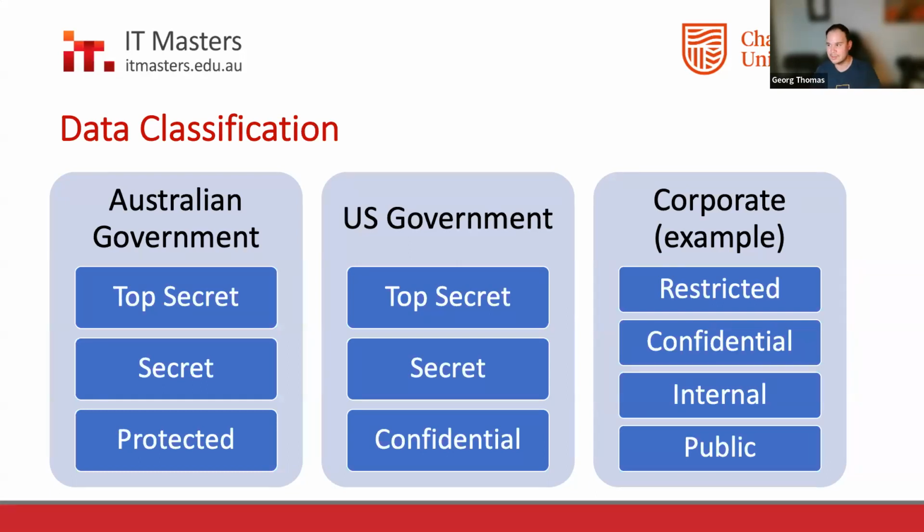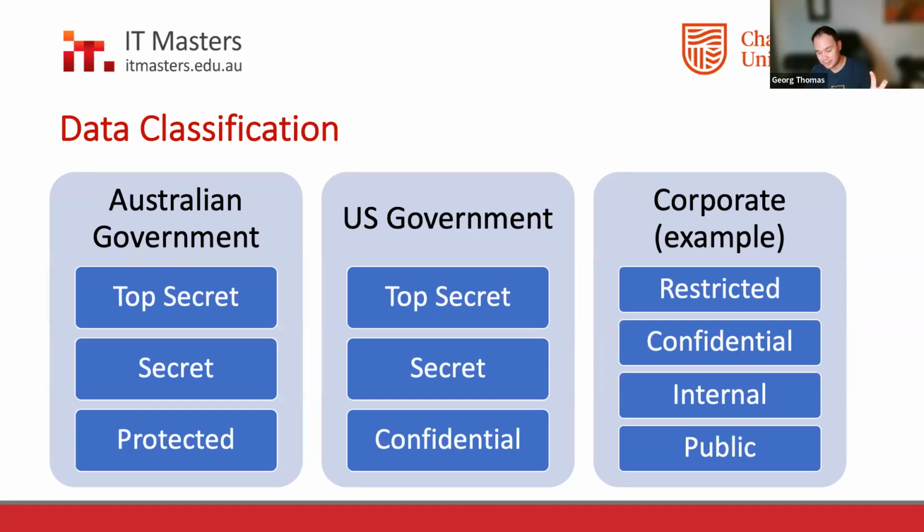So the first thing is identifying what your classification scheme is, and I'll get into discovery in a minute, but understanding what the different types of sensitive data are. This may coincide with some of the discovery stuff, but as I said, the government will have protected, secret, top secret.